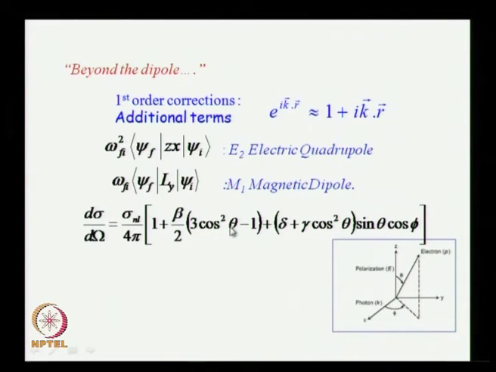And what was left out of the Cooper-Zare formula, which had only this dipole angular distribution, right. It had only this beta over 2 times 3 cos square theta minus 1, but now you have additional terms, and delta and gamma are now the non dipole angular distribution asymmetry parameters. Okay. So, you have to go beyond the dipole approximation.